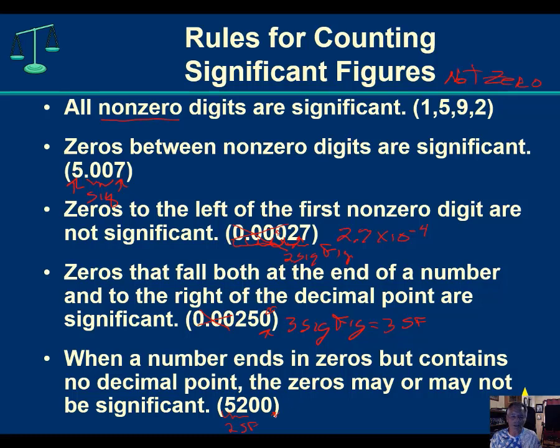If I don't intend for these zeros to be significant, I would be much better off moving the decimal right over there and writing this as 5.2 times 10 to the third. That's a much better way to write that value if my intention is to only have 2 significant figures in that number.